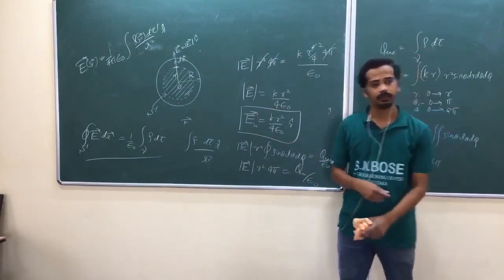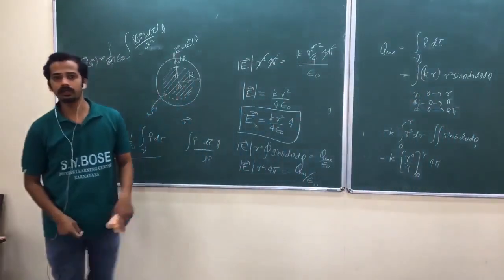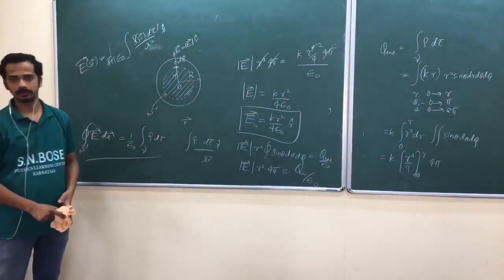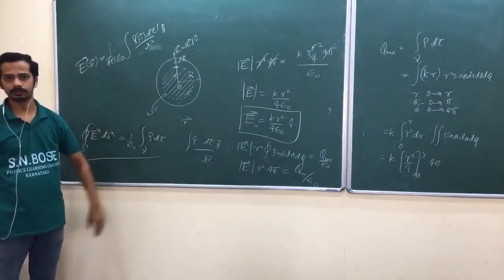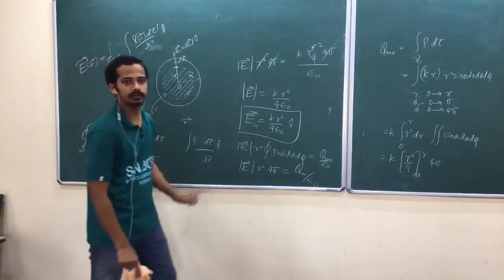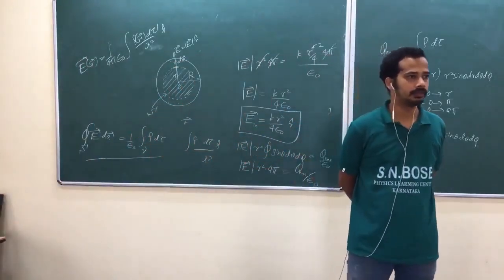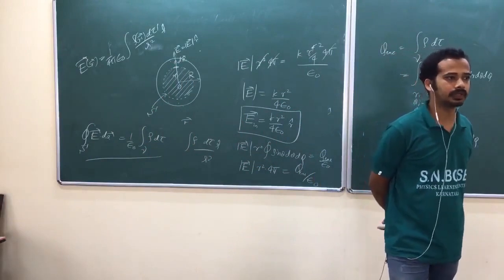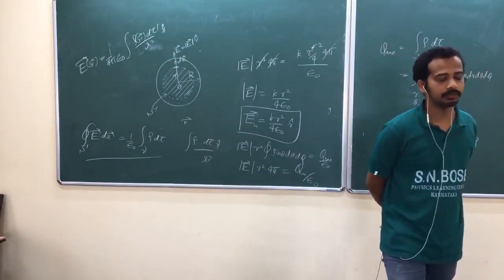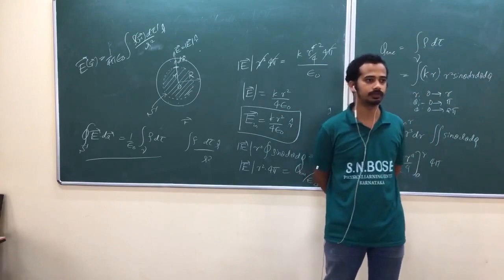I'll call this a kind of Coulomb's law. If you want to use that one, it's vector addition but in integral format. You have to take the contribution by the entire charge distribution.